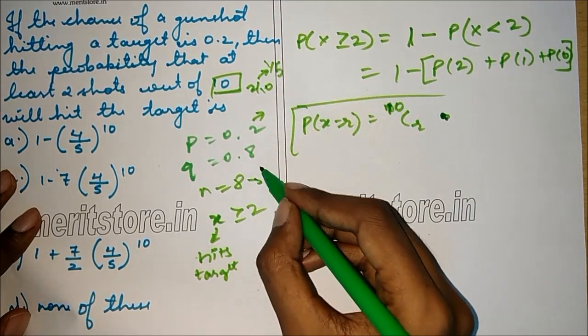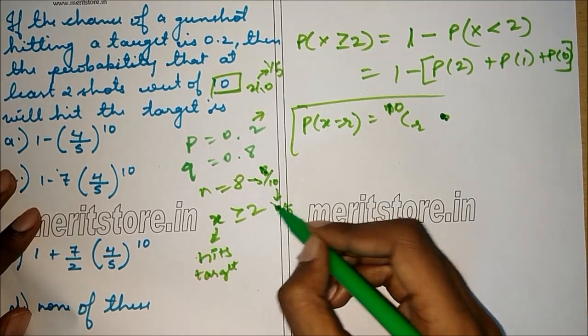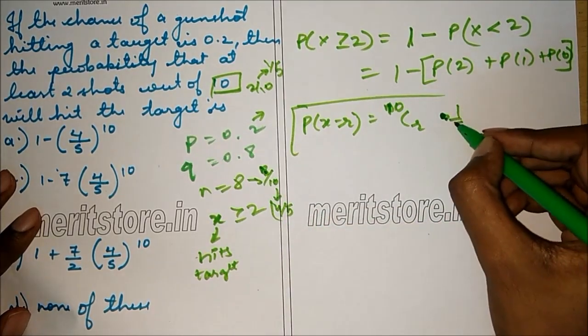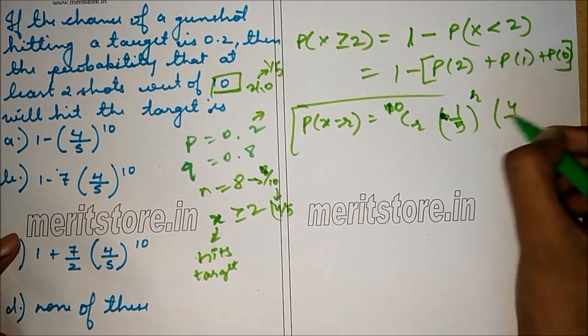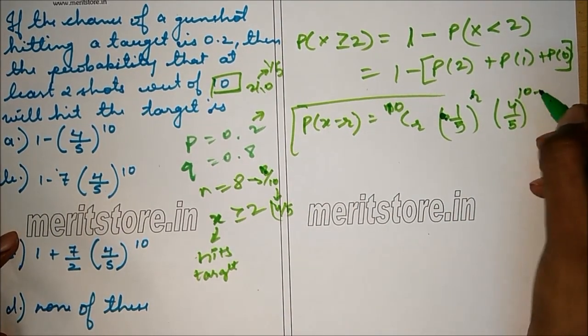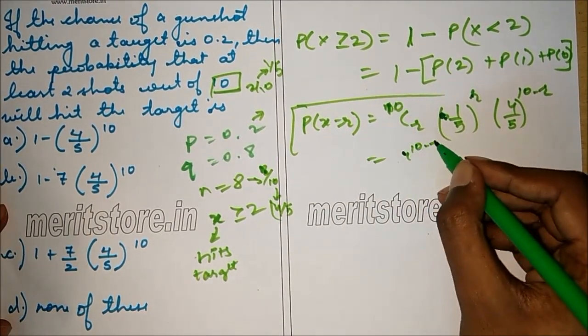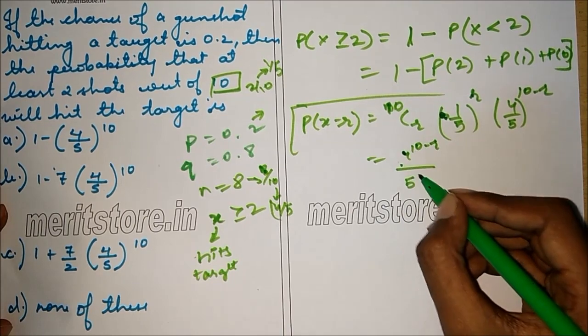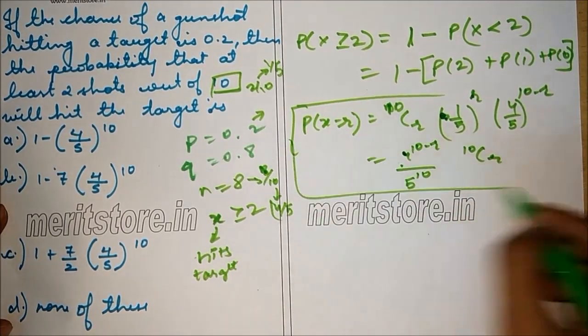Similarly, q is 8 by 10, which is 4 by 5. So p will be 1 by 5, so 1 by 5 raised to r, times 4 by 5, which is q, raised to 10 minus r. So this will be 4 raised to 10 minus r upon 5 raised to 10 into 10Cr. So this is the general form.